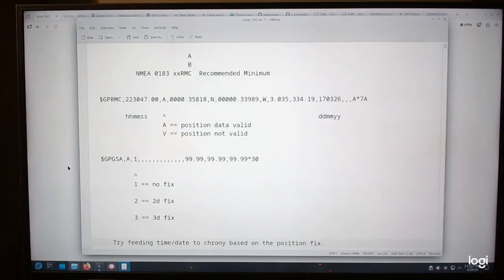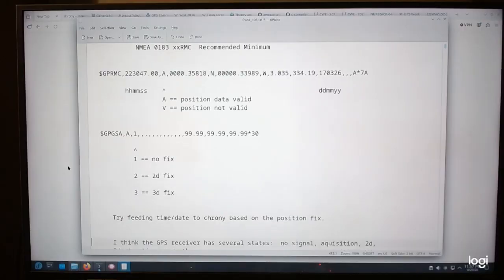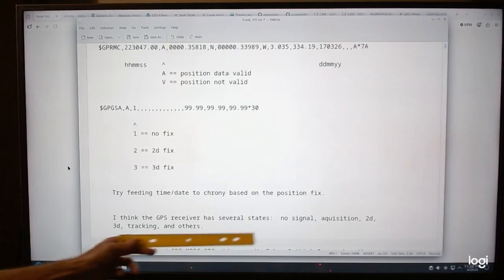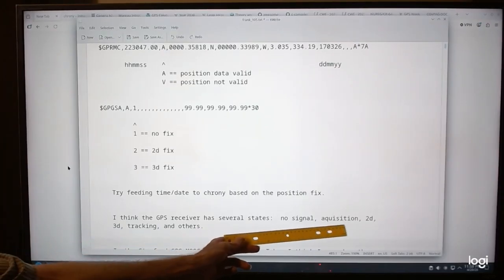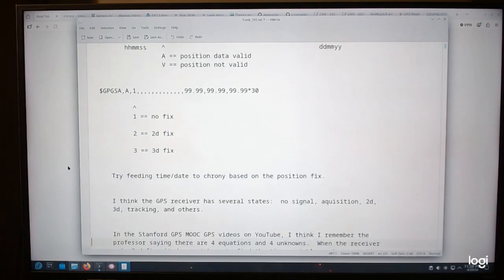Now this is what I was thinking about maybe in the future. See that GSA that has a field right there: 1 for no fix, 2 for 2D fix, and 3 for 3D fix. And there are several states in those GPS receivers: no signal acquisition, 2D, 3D tracking, others.